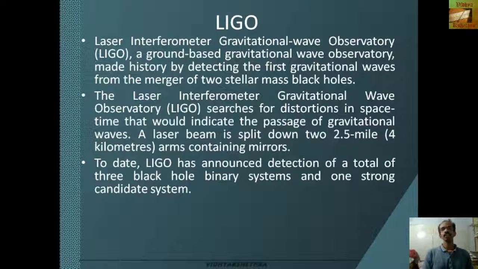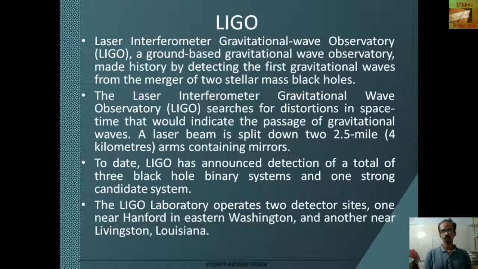To date, LIGO has announced detection of a total of 3 black hole binary systems and 1 strong candidate system. The LIGO laboratory operates 2 detector sites, one near Hanford in eastern Washington and another near Livingston, Louisiana. Actually, the wavelength of these gravitational waves is in the order of hundreds to thousands of kilometers.